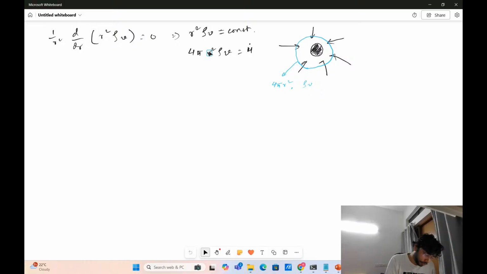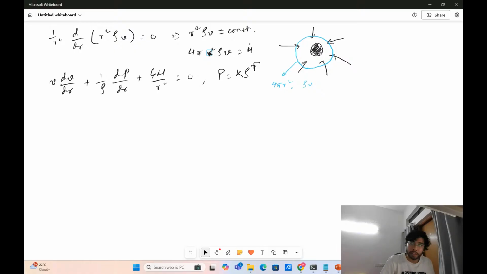Now let's look at the Euler's equation. So v dv dr plus 1 by rho dp dr plus Gm by r square equals 0. So this is the Euler's equation. And we also have the polytropic equation, which is given by p equals k rho to the power of gamma. Now, one thing I forgot to mention: when I write this v over here, this v means radial velocity because this has only radial velocity. It doesn't have any velocity in other directions.